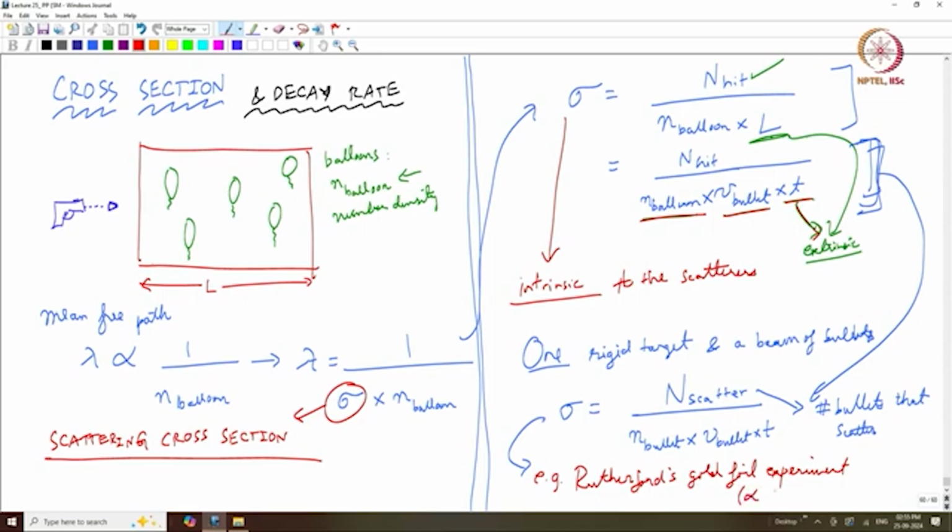So alpha beam on gold target, right? And not all the alpha particles actually scattered. He counted the number of scatters. I'm giving a very rough picture of what he did, right? But then he knew the properties of the beam that he had, and from that he got the cross section. And this is ultimately how he discovered the presence of a nucleus inside an atom. Good?